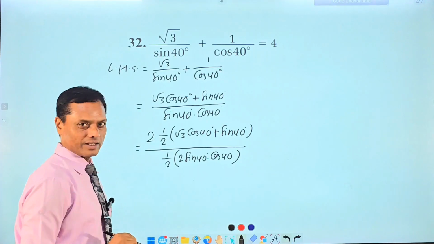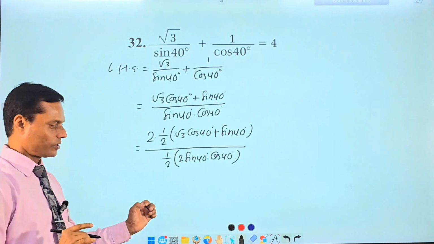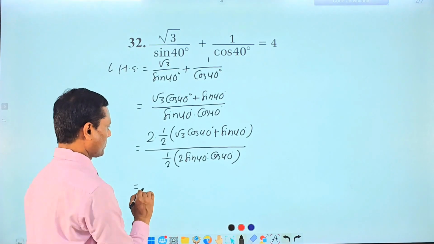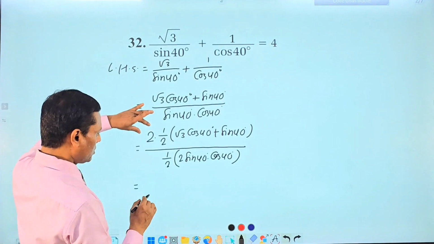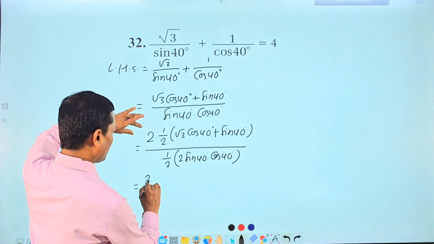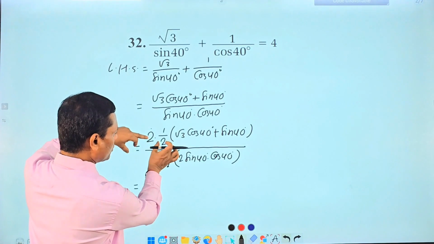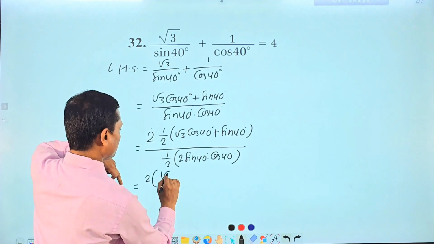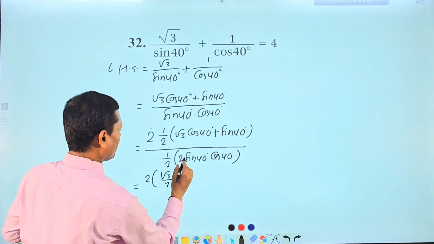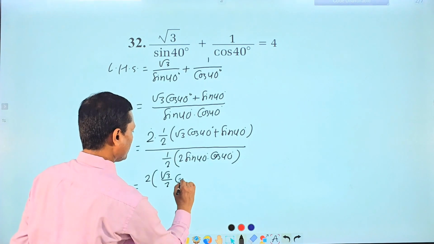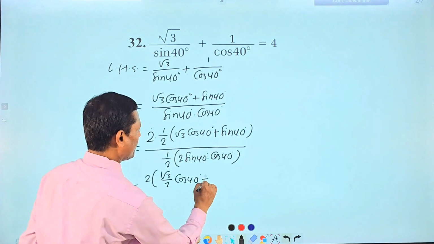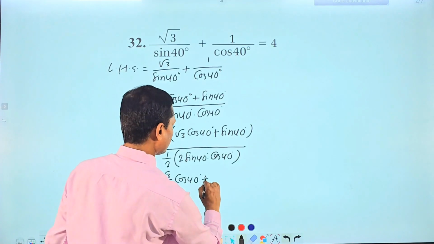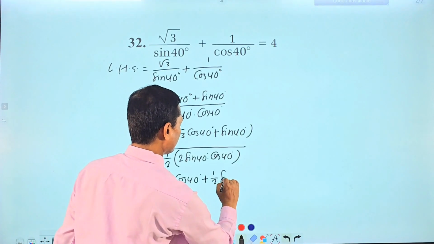Technique. Why? Very soon you will understand in the next step. Here is 2 already, this 2, and 1 by 2 goes inside. So this becomes root 3 by 2 cos 40 degree plus 1 by 2 sine 40 degree.